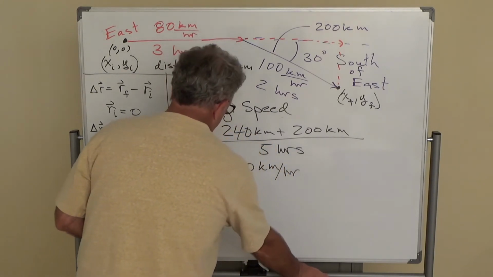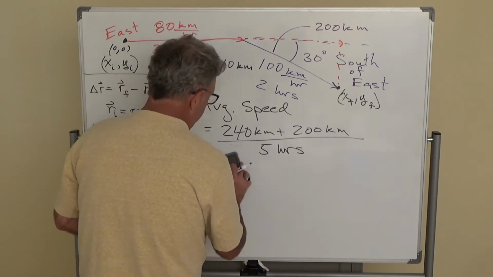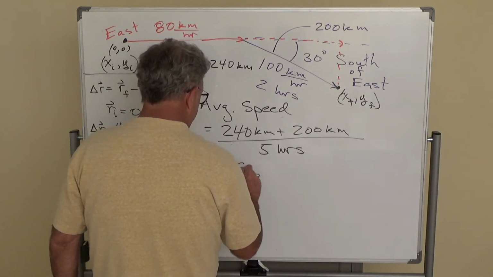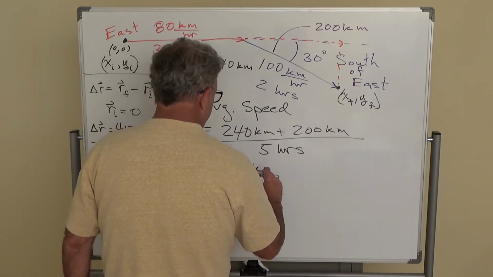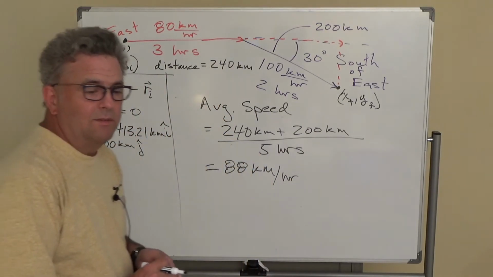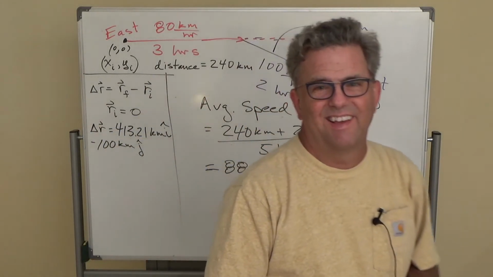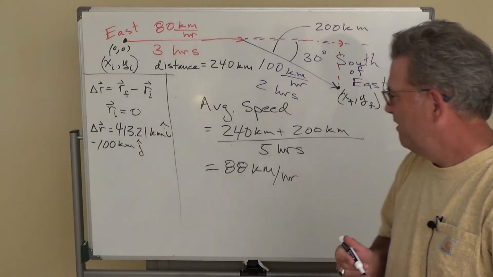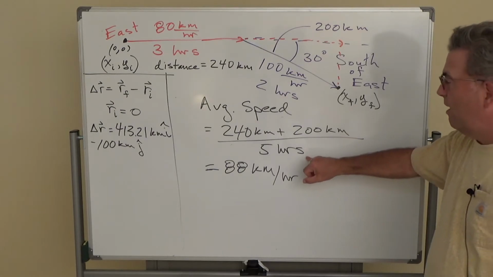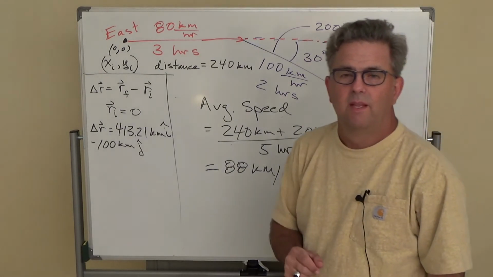That's not right. 220. Jeez. I got 88. Thank you. Must be insane. Well, I know I'm insane, but okay. 88 kilometers per hour. Yeah. That's the distance. That's the ground you covered.